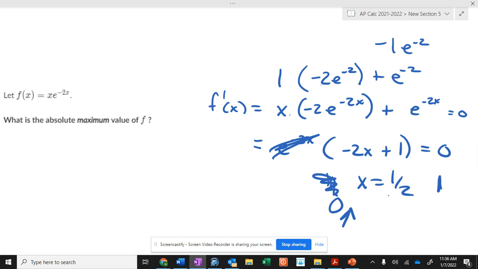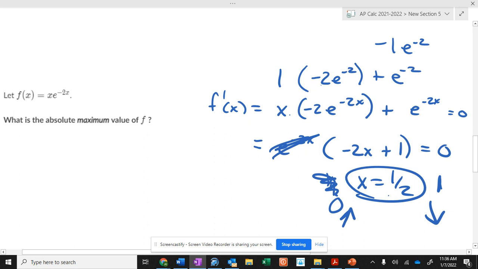E to the negative 2 is a positive number, and multiplying by negative 1 makes it negative, so it's going down. So this is a max.